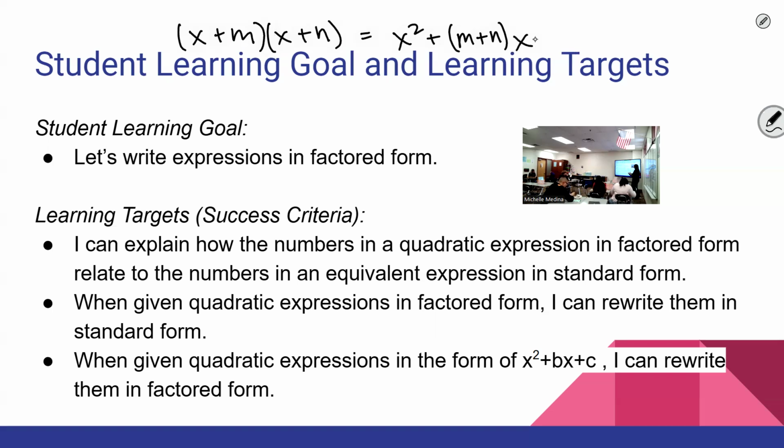And then the last term was always the product of n and n. Okay, so it was always sum and then product.